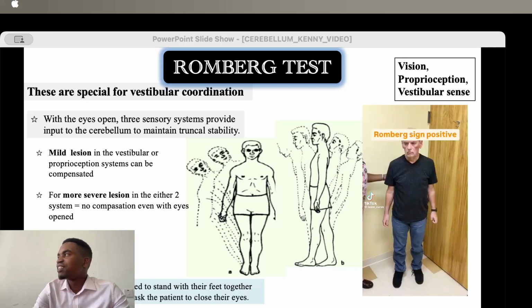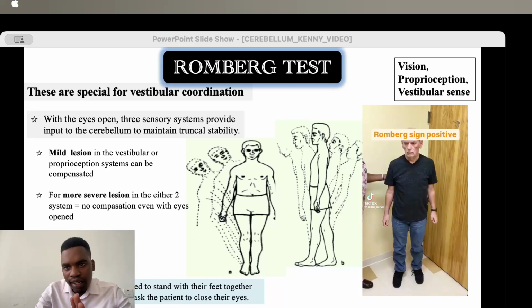So if someone has a mild lesion or loss of proprioception, he or she can maintain his posture when his eyes are open. Why? Because if now we cancel vision, we'll be losing two components of this system, and the deficit will be obvious. Yeah? The deficit will be obvious.